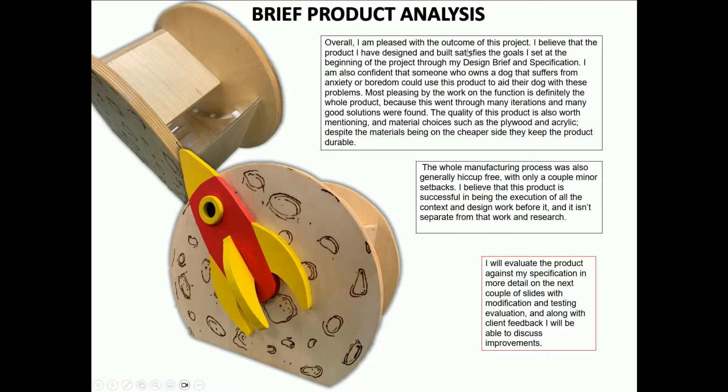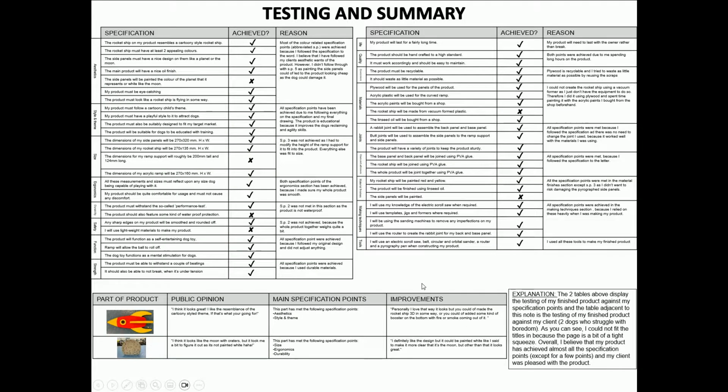Overall, I'm pleased with the outcome of this project, and I evaluate the product against my specification in more detail on the next couple of slides. I did my testing and summary, where I tested the aesthetics, style and theme. What else do we have? Quality, materials, joints, tools, parts of the product. I wrote public opinion on what people thought about it, with an explanation of what this means.